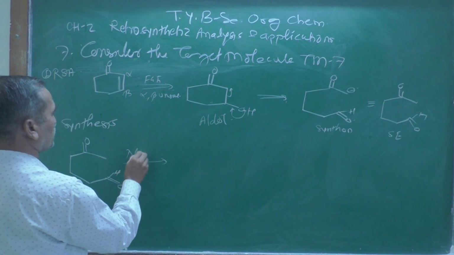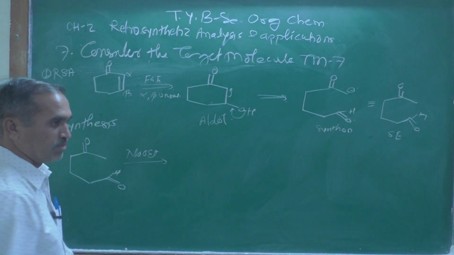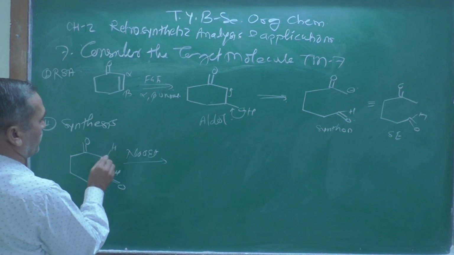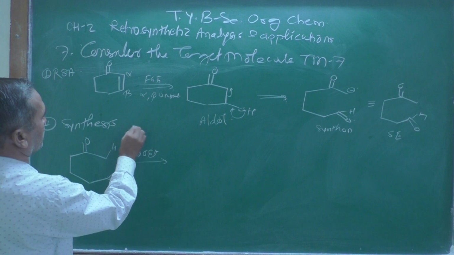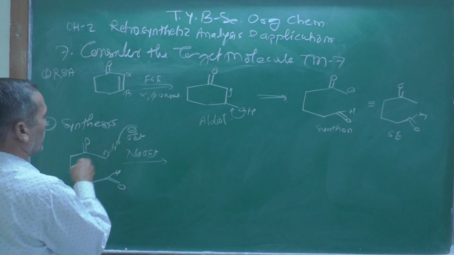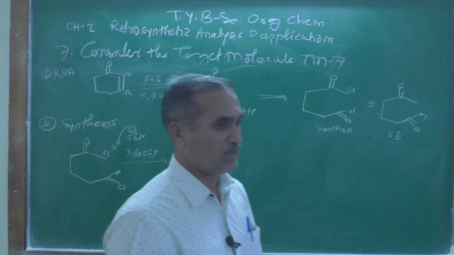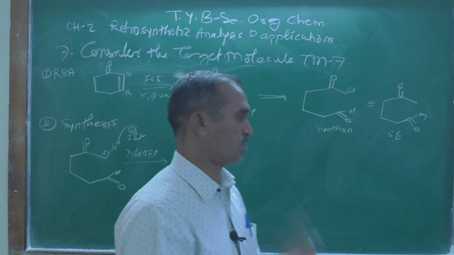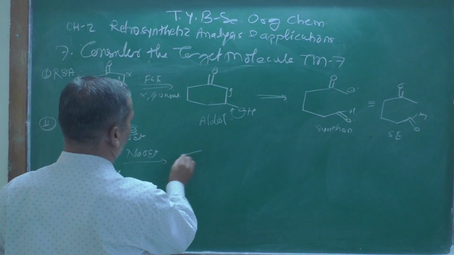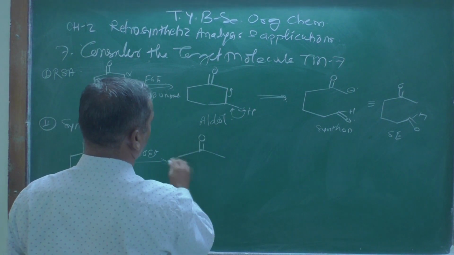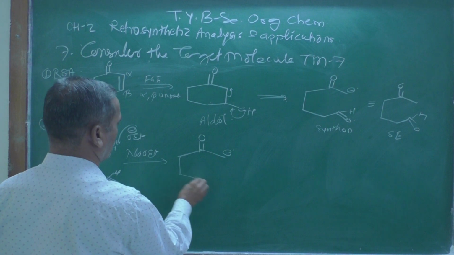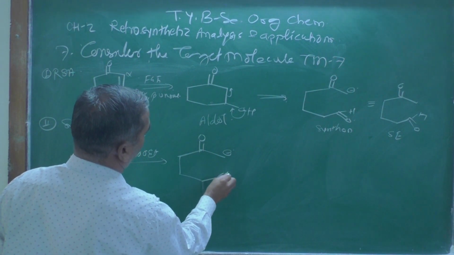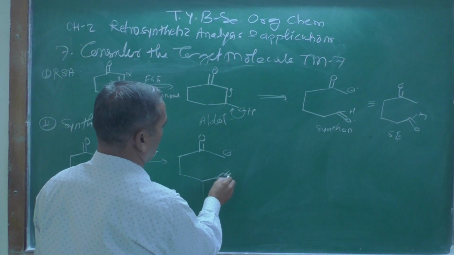And now I am using here sodium ethoxide, which is a base and which will abstract the highly acidic proton from here. OEt minus will pick up the proton and form a carbanion, and you might be noticing that this is an intramolecular aldol condensation reaction, so that you are going to get here C double bond O, minus charge over there, and then here double bond O, and this hydrogen atom I am placing as it is.